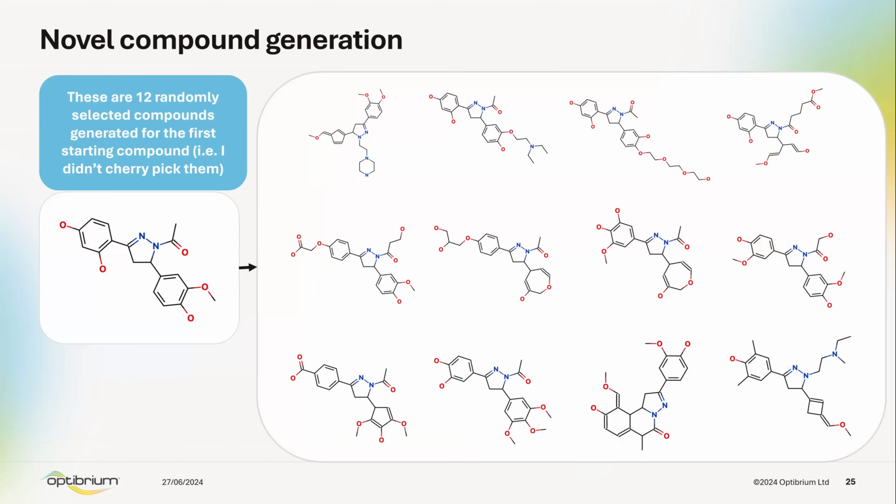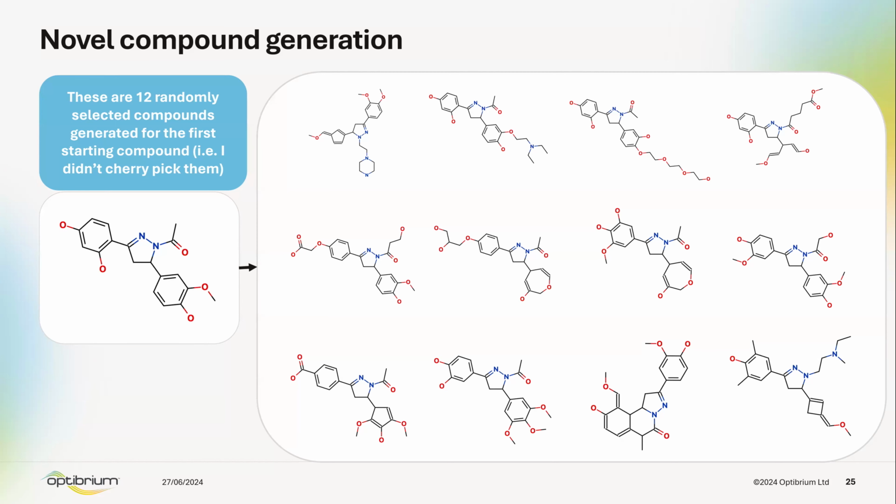The next test is novel compound generation. I gave the model a starting compound and a set of random goal vectors. I just told it to generate compounds. I didn't ask for specific properties. I asked for random compounds related to this starting compound. And these are 12 of the resulting compounds that I selected at random from the 1,000 that were generated. I specify at random here because I want to be clear that I didn't cherry pick these compounds.